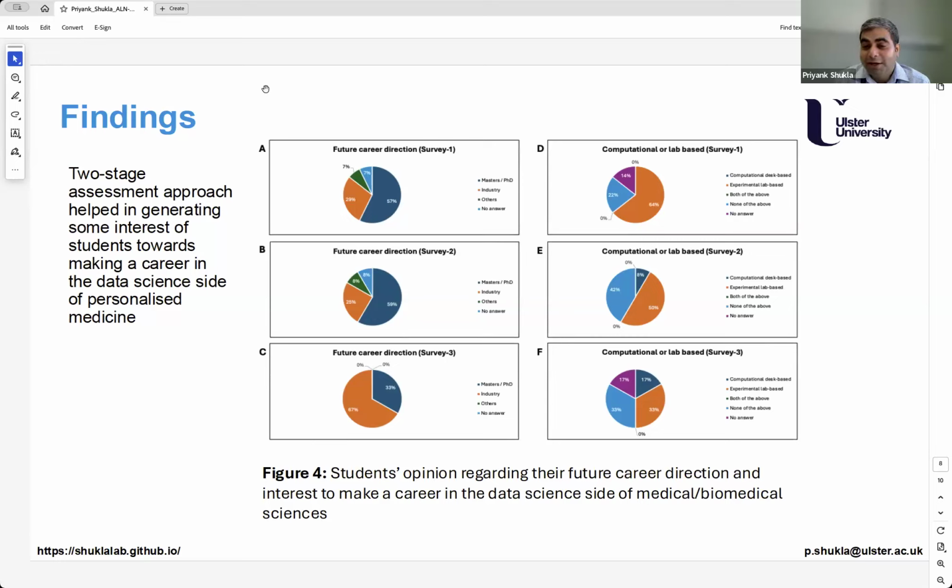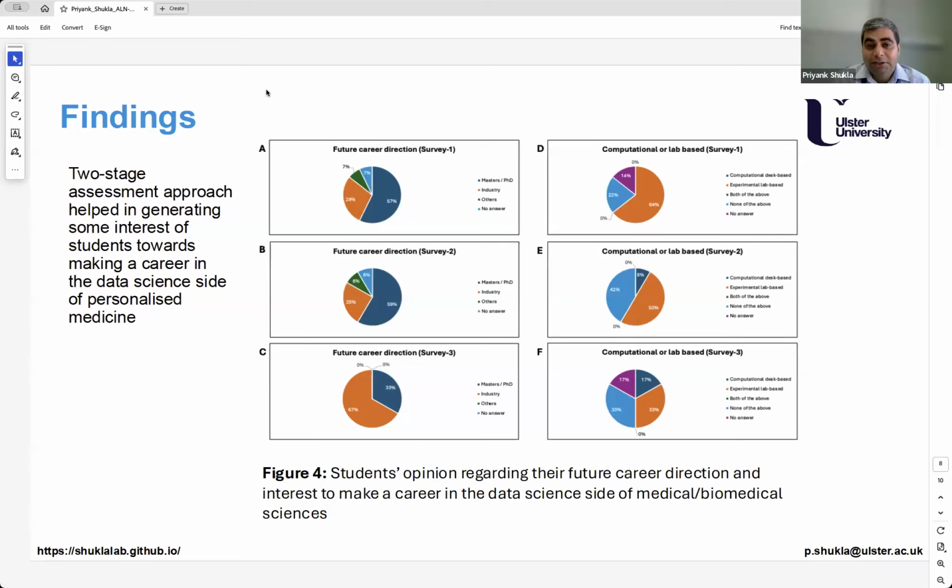So I appreciate that this is not a huge improvement, but still, seeing that at least a few of them, because most of them don't really come from a computing background, despite that, seeing some of them interested in picking up a career in health data science was very positive for me on a personal note.